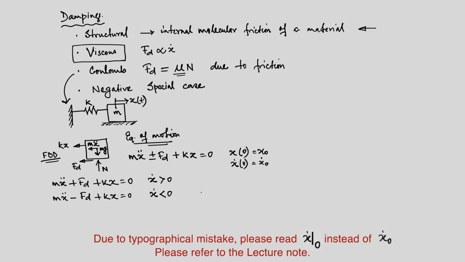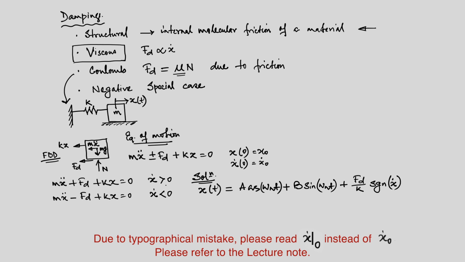Okay, so, in this case what will be the solution? So, solution in this case will be x of t is equal to a cos omega n t plus b sin omega n t plus F d by k signum function of x dot.